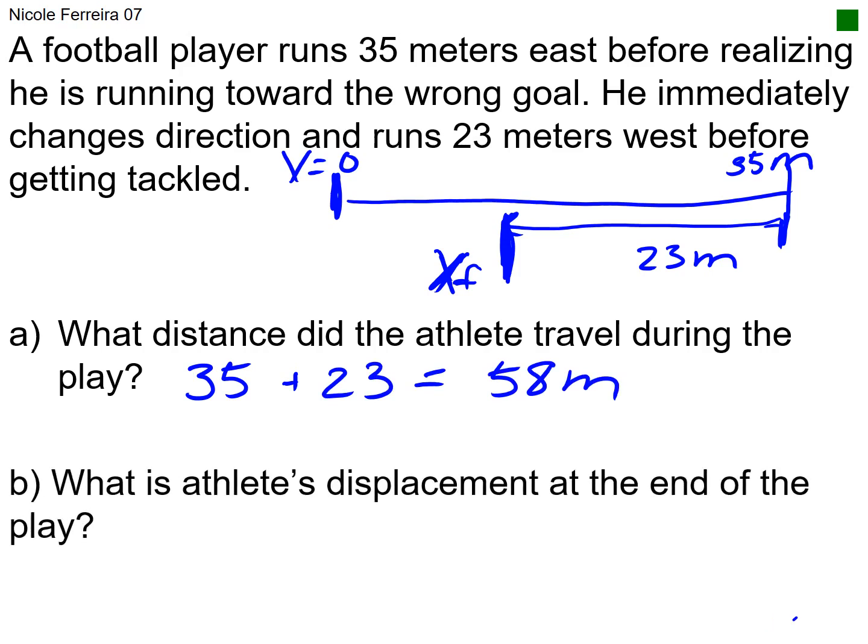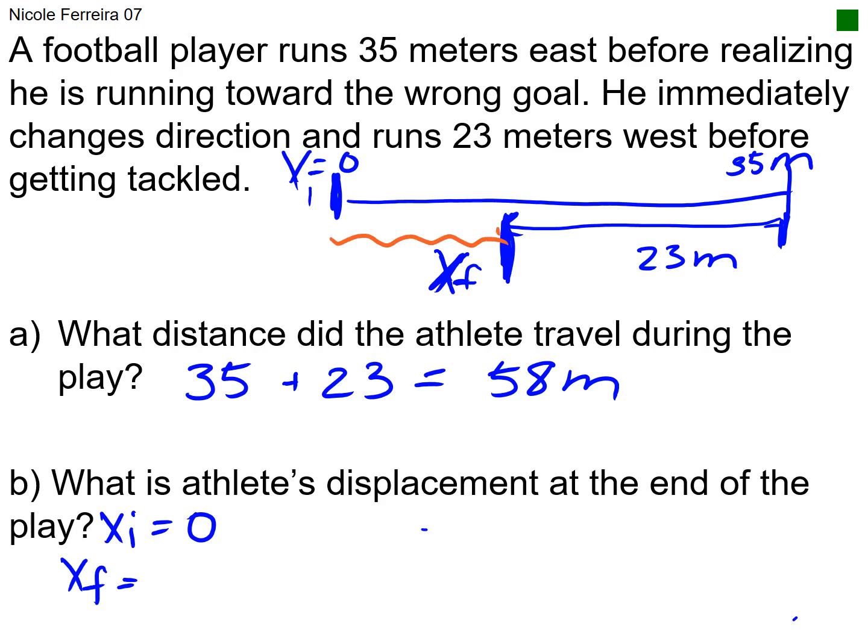The next question, what is the athlete's displacement at the end of the play? Well, we know that the play started at point 0, and the play ended when the athlete was at that orange line at xf.